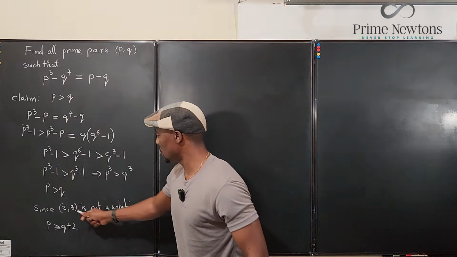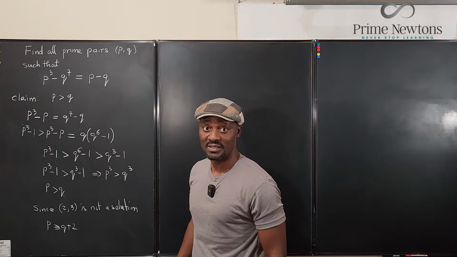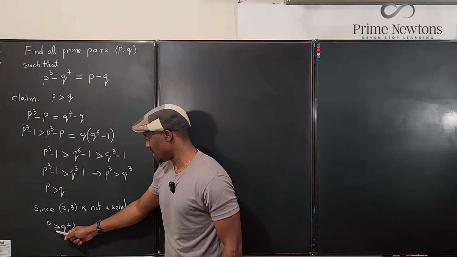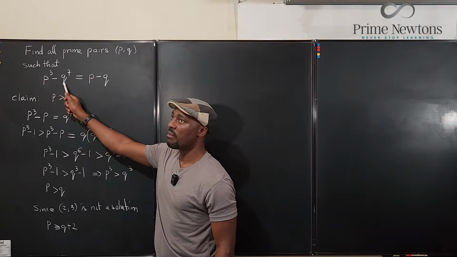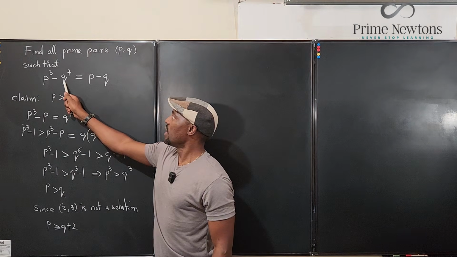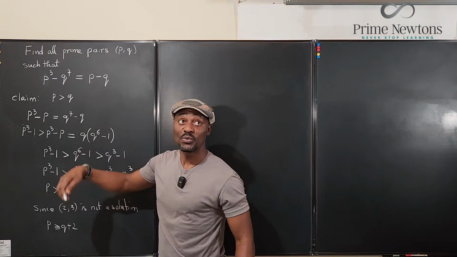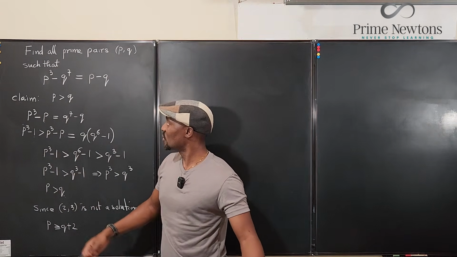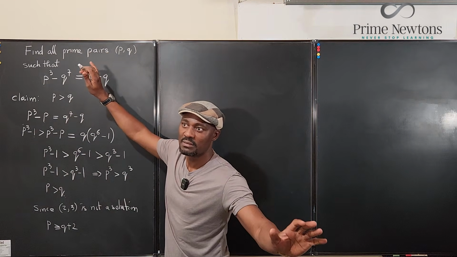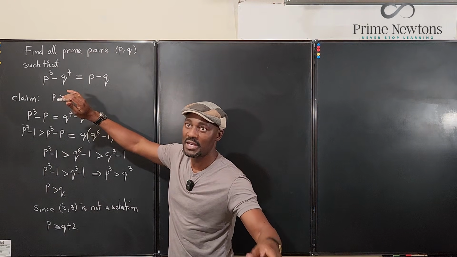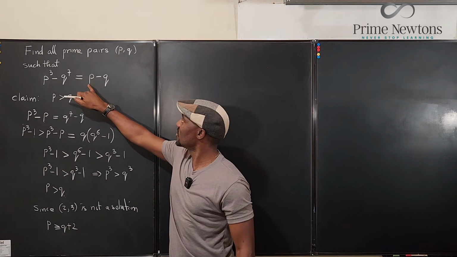How do we know this is not a solution? Well, we can just test it and plug it in. If I plug in P equals 3, this is 27 minus, 2 to the 7th is 128. So 27 minus 128 is negative 101. Well, this is just 3 minus 2.